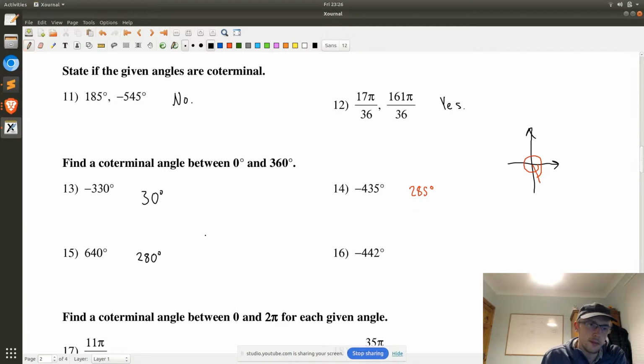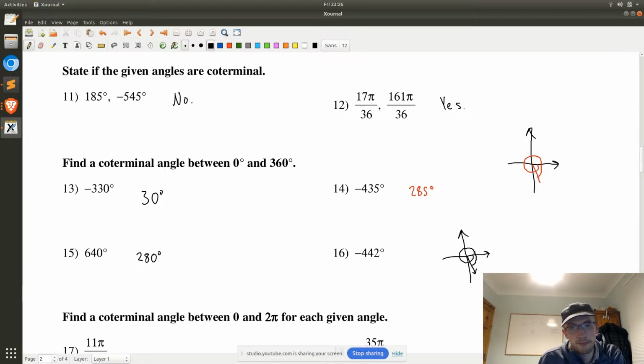Okay. So this one's going in the normal direction. So we really just 640 mod 360, which is 280. But for this negative 442 degrees, you go around once, and then you're at 360, and then there's an extra 82 degrees to go, so you end up like there-ish.